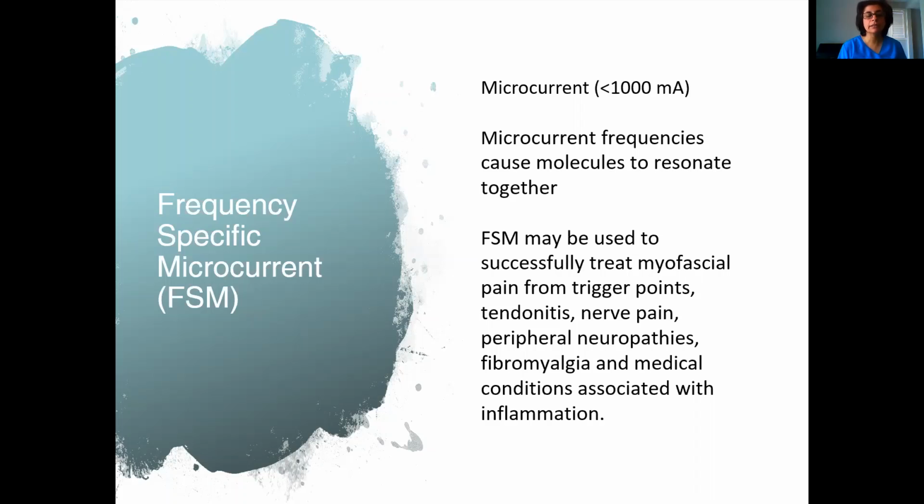Frequency-specific microcurrent is known to help reduce inflammation in the body. And we know when we have inflammation, we have pain. You cannot experience pain unless you have an underlying tone of inflammation. And so our microcurrent technology can help people reduce their inflammation.